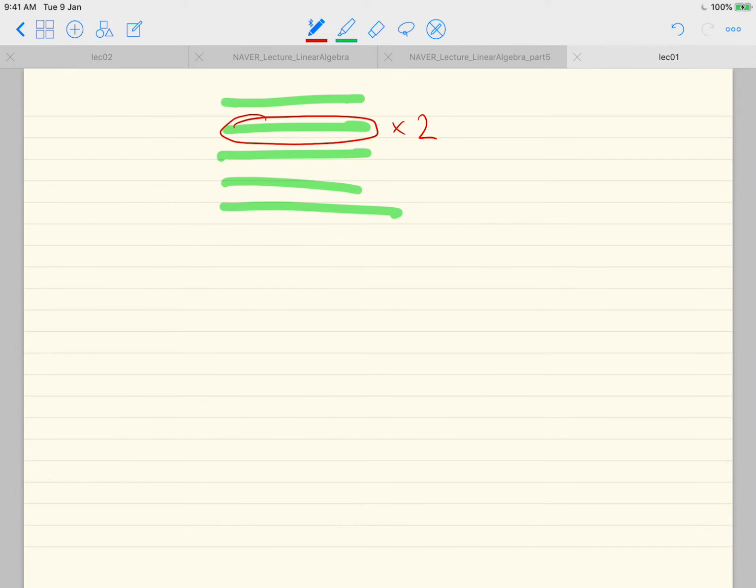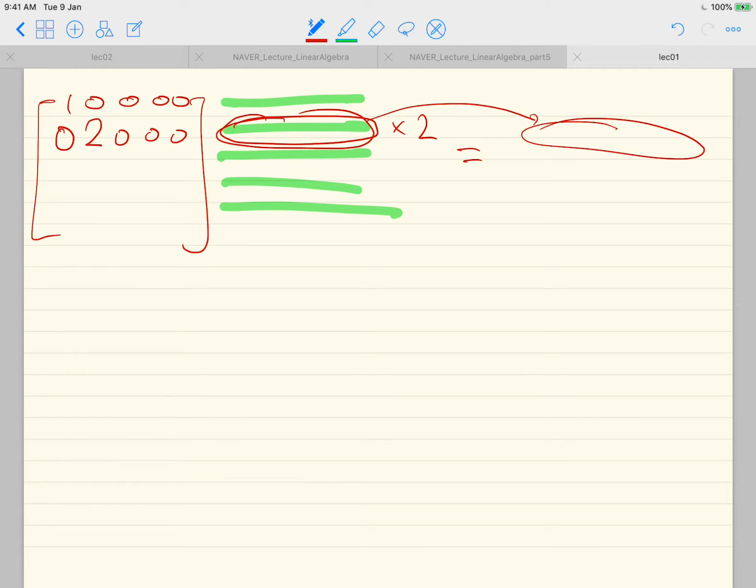We still apply the row combination: the first row is 1 0 0 0 0, and the second row will be 0 2 0 0 0. So we still bring the second row into the second row, but we apply a scalar multiple of the factor of 2.